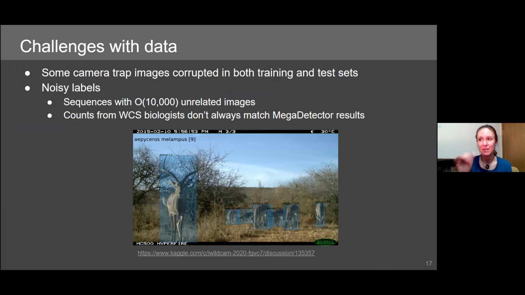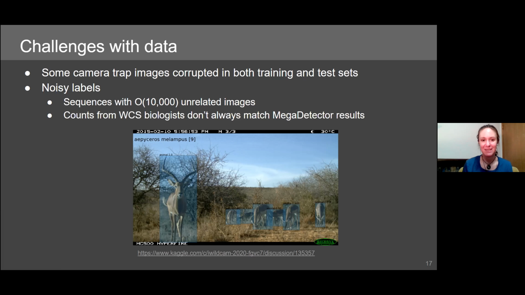There were some sequences, those series of images taken one after another, that were labeled as sequences, but they were like 10,000 unrelated images in the sequence. And so the participants ended up just disregarding the provided sequence information and regenerating the sequences on their own based on the camera ID and the timing of the images.